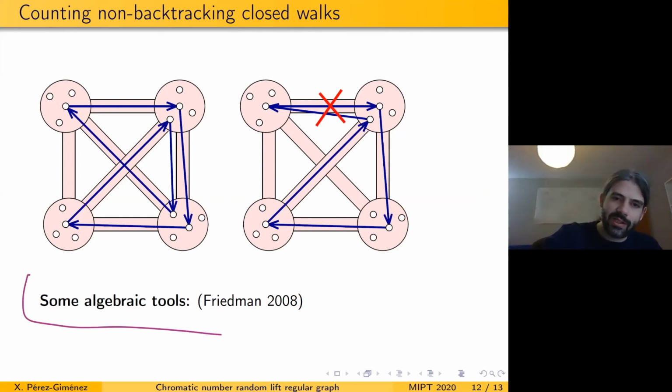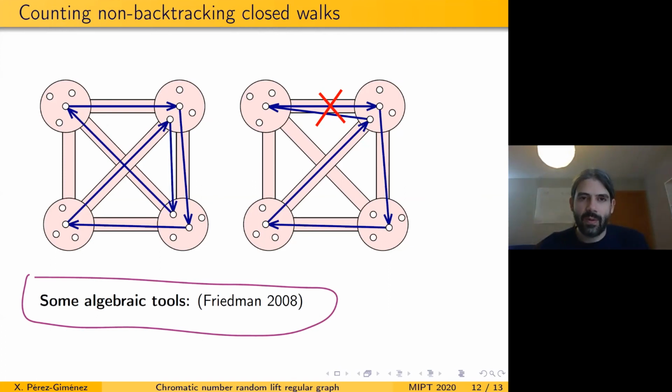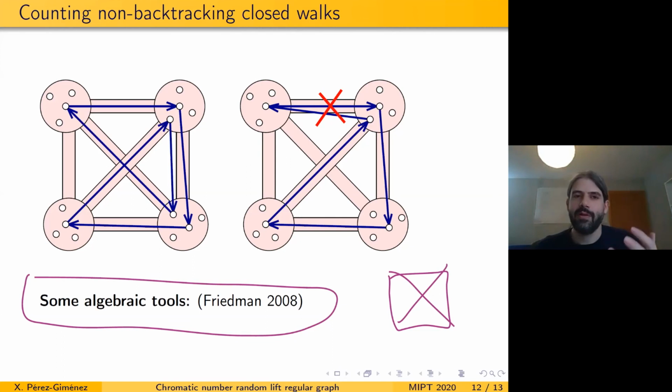And this can be done using some algebraic tools that relate this non-backtracking walk to a simple random walk on the base graph. So if you know the eigenvalues and some spectral properties of your base graph, you can infer some information about the number of those non-backtracking walks. There are some very nice algebraic tools that I won't have time to talk about, but there are several papers by Friedman that introduce all this machinery.